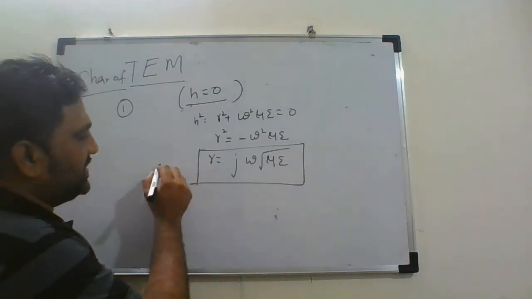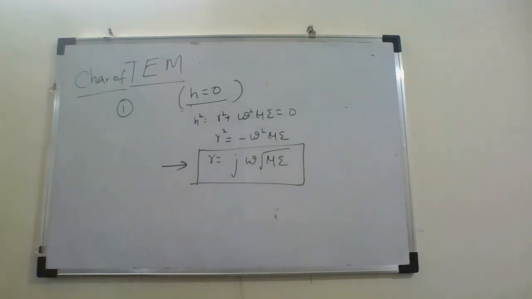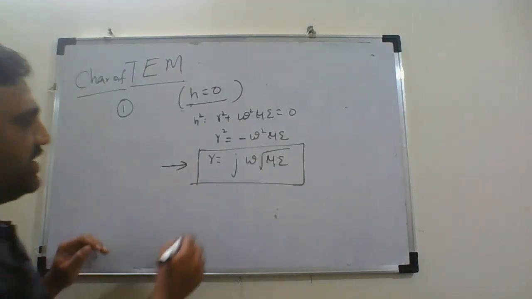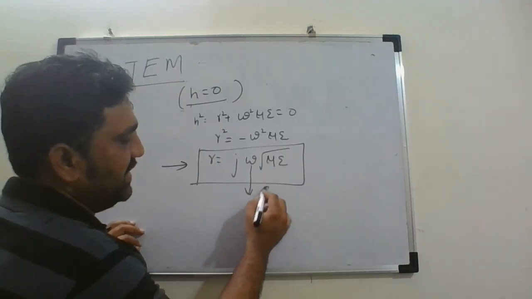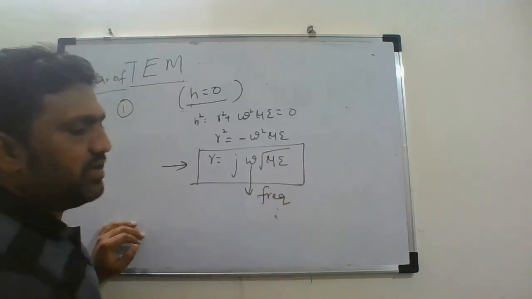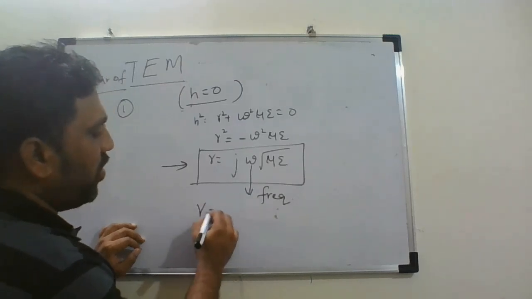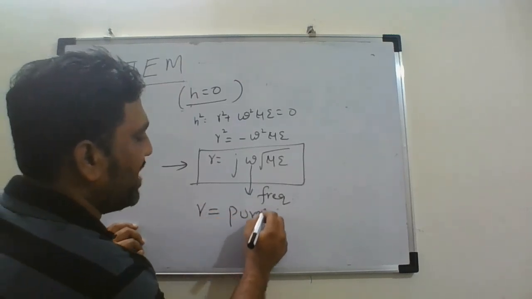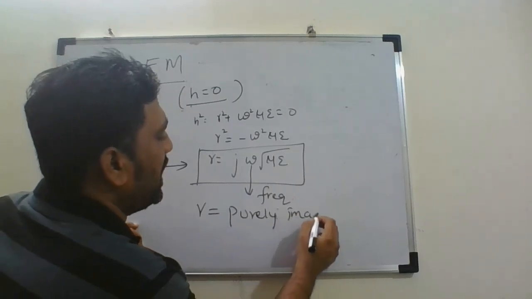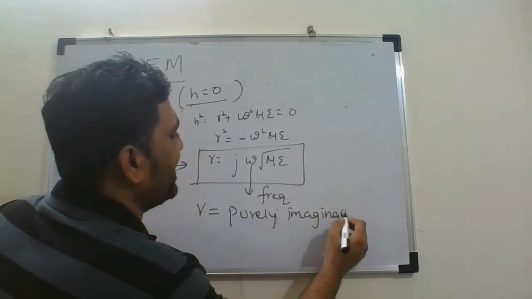From this equation it is very clear that, irrespective of the frequency, whatever may be the frequency, my gamma will always be purely imaginary.